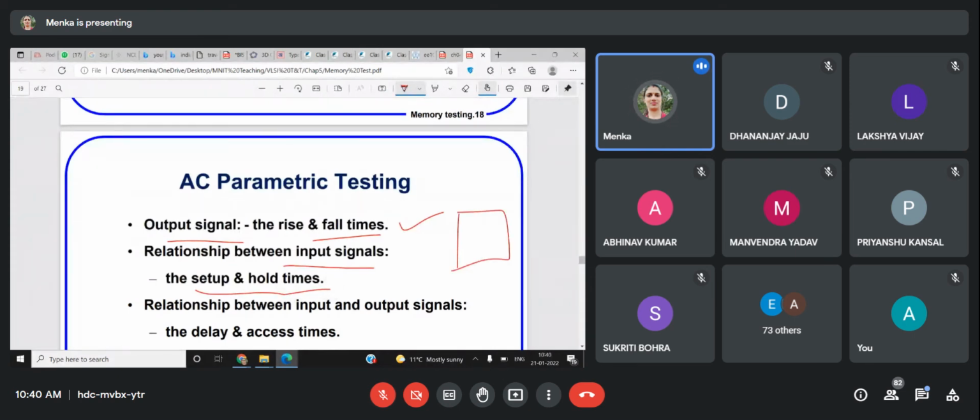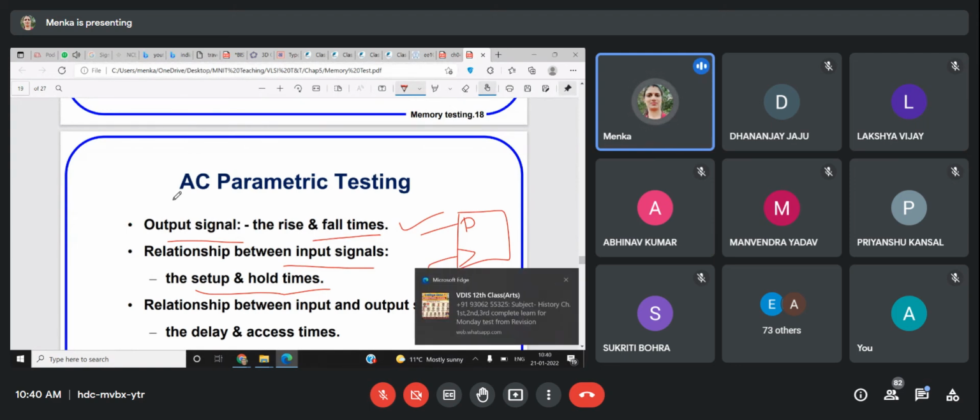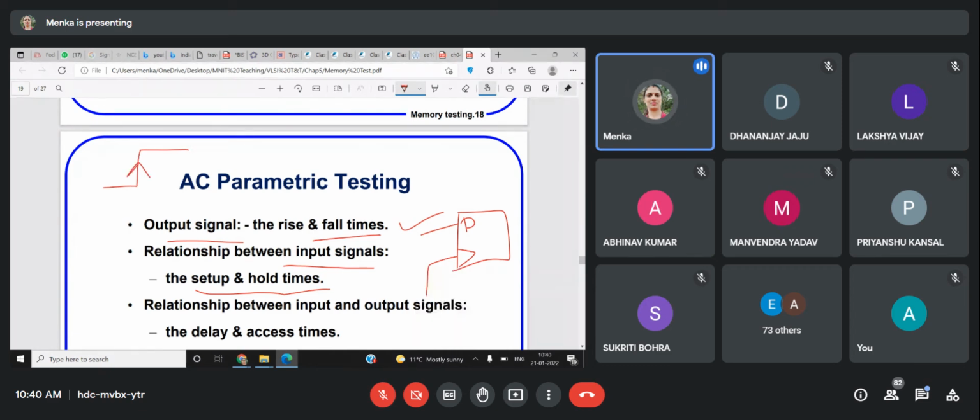What is the setup time and hold time? Let me make it clear if you don't know. This is a D flip flop, this is the clock. The flip flop works at the active edge of the clock. So let's say this was the active edge of the clock. This is the tick where it is expected to sample your input.